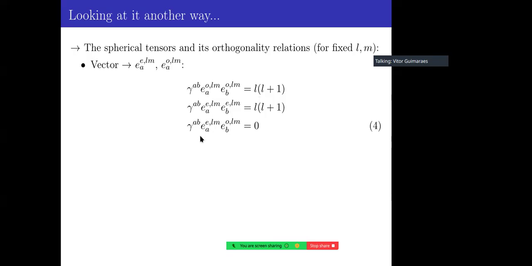And if you take the inner product of two different basis vectors that are linearly independent of each other, the inner product will render 0.